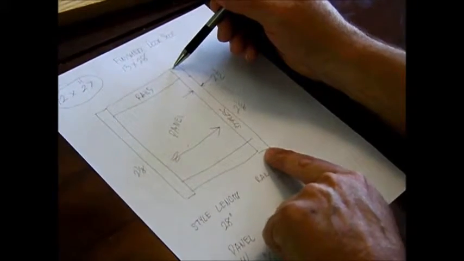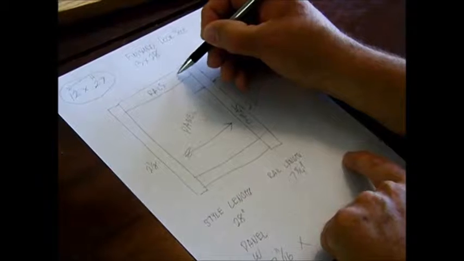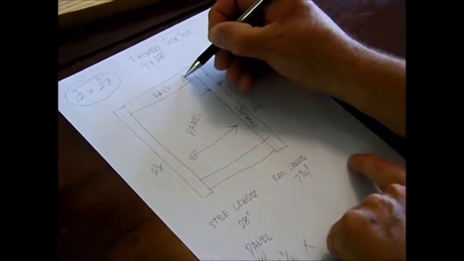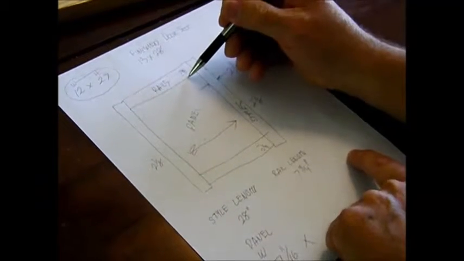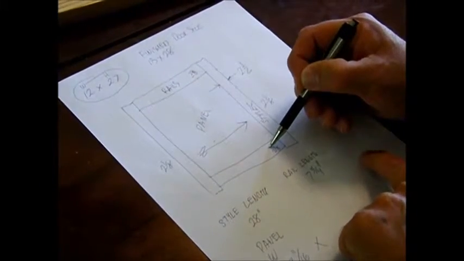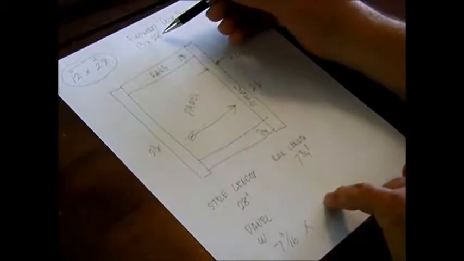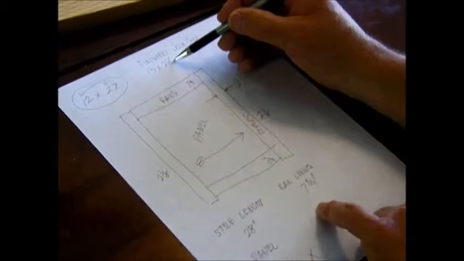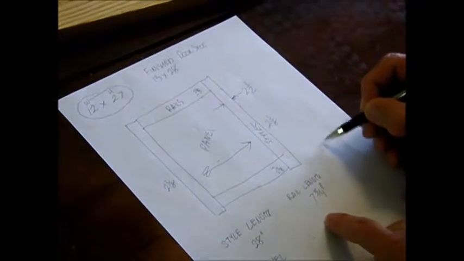Now we have to get the height, from here to here. Realize now that we have our stile that's 28 inches. This comes down here 2 1/8 and 2 1/8. So from where the tongue is here, we have 28 inches minus 4 1/4, which is 23 3/4.